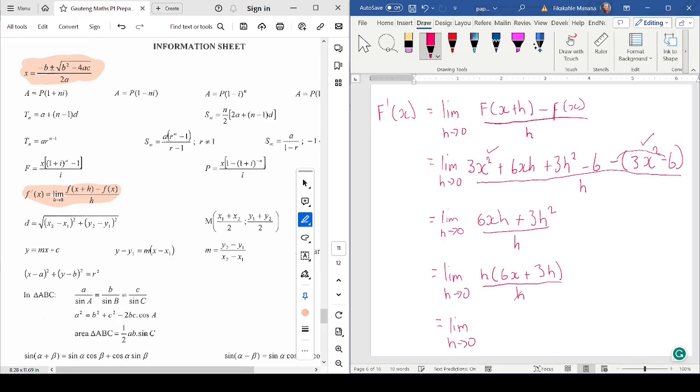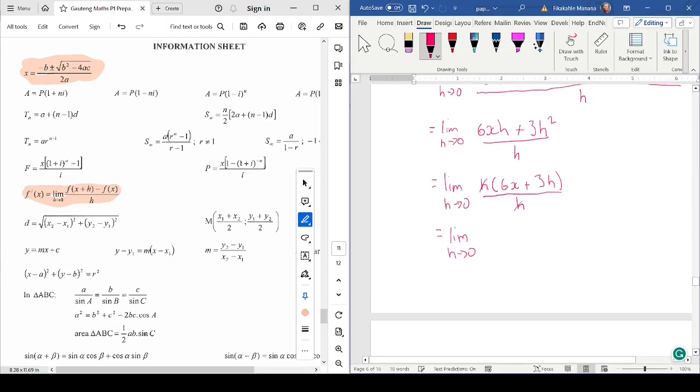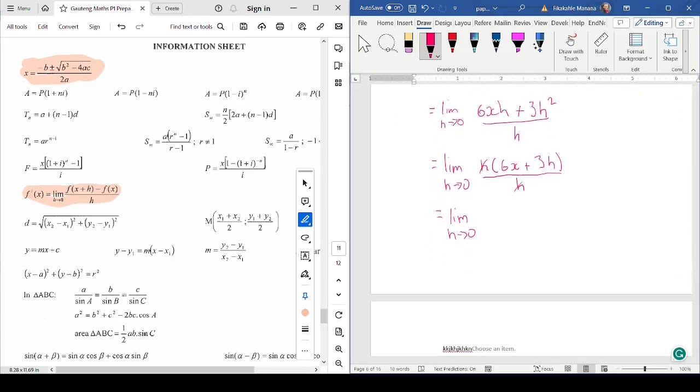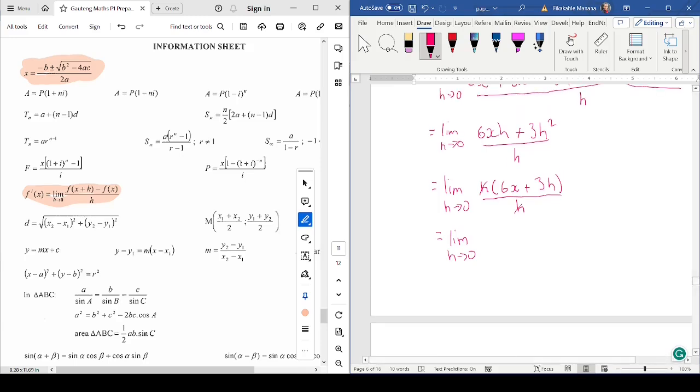And now these h's cancel each other, right? And then I'm left with, what am I left with? 6x plus 3h. At this point, I now want to substitute 0 where there is an h, and then I will have 6x plus 3 times 0. So my final answer is 6x. That is my derivative.